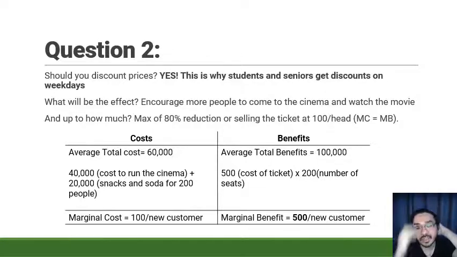Meaning to say, you can continue reducing the price of the ticket, you can continue increasing the discount up until you reach 100 pesos, right? If you can't fill the 200 seats at about 100 pesos, if you lower the price any more than that, you're actually spending more just to fill that extra seat, and it's not really worth it, right?